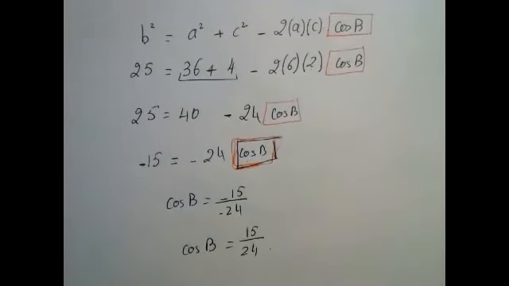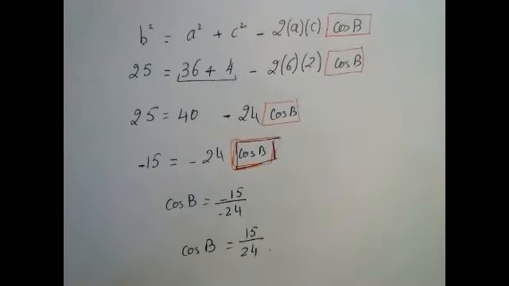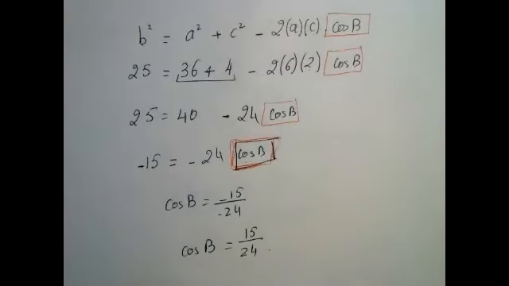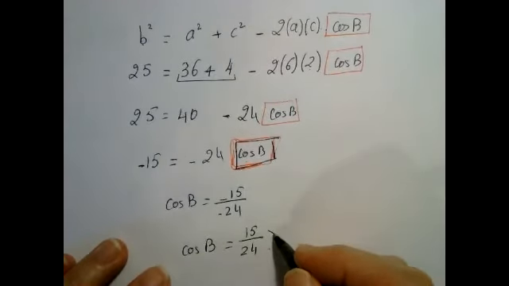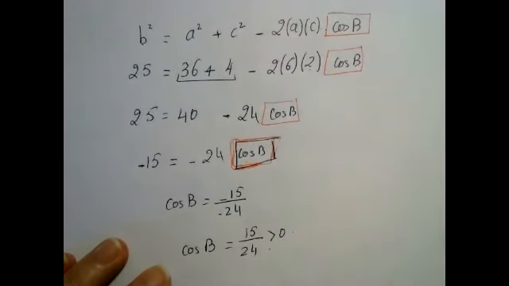So question number one before you find the B. Is B going to be more than 90 or less than 90? How are you going to decide? That's a positive number, right? If the cosine is positive, where is my angle?